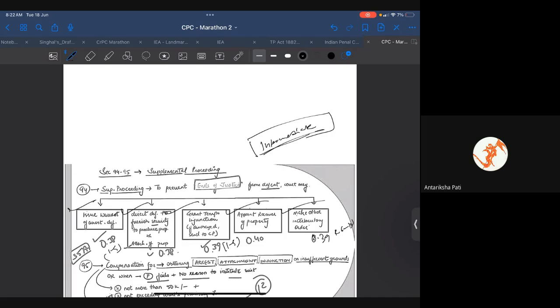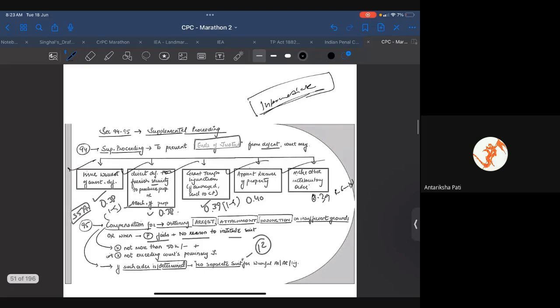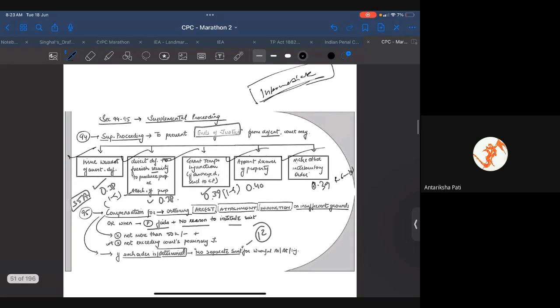Okay. Now section 95 is compensation for obtaining arrest, attachment, or injunction on insufficient grounds. If the plaintiff fails and it is shown that there was no reason to institute the suit, and he has obtained this arrest, attachment, or injunction on insufficient grounds, then compensation up to 50,000, or not exceeding the pecuniary jurisdiction of the court, can be given.